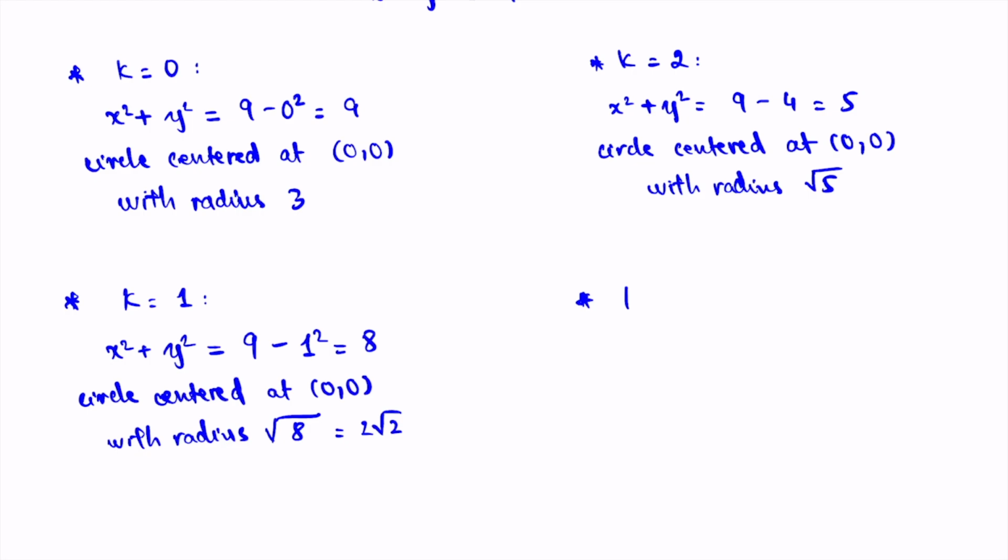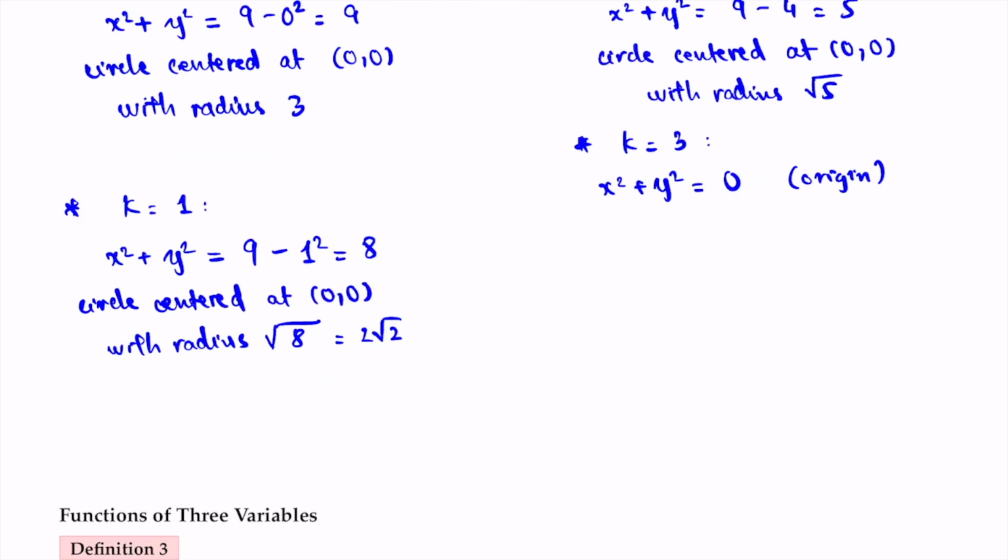And for the last case, when k is equal to 3, you have x squared plus y squared equal to 0. So basically this is just a point at the origin, because the radius is equal to 0. Alright, so we can actually visualize these level curves. It's just going to be a bunch of circles centered at the origin with different radii. Here you're going to plot the xy plane.